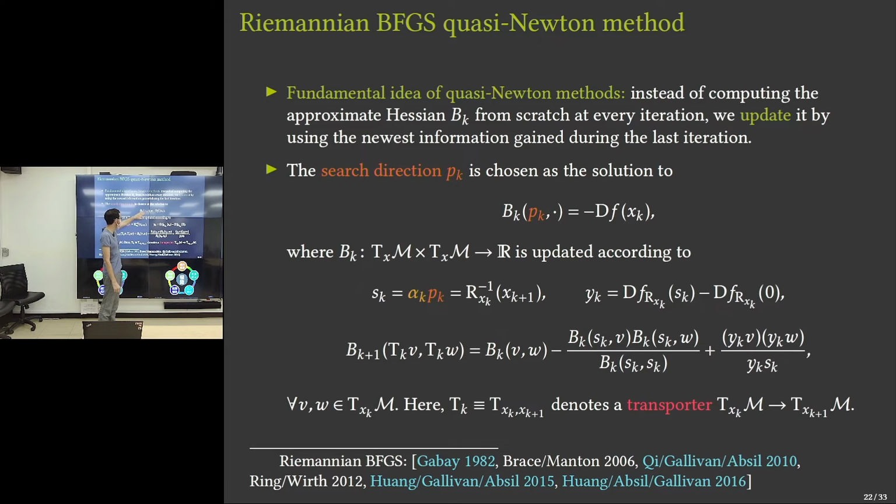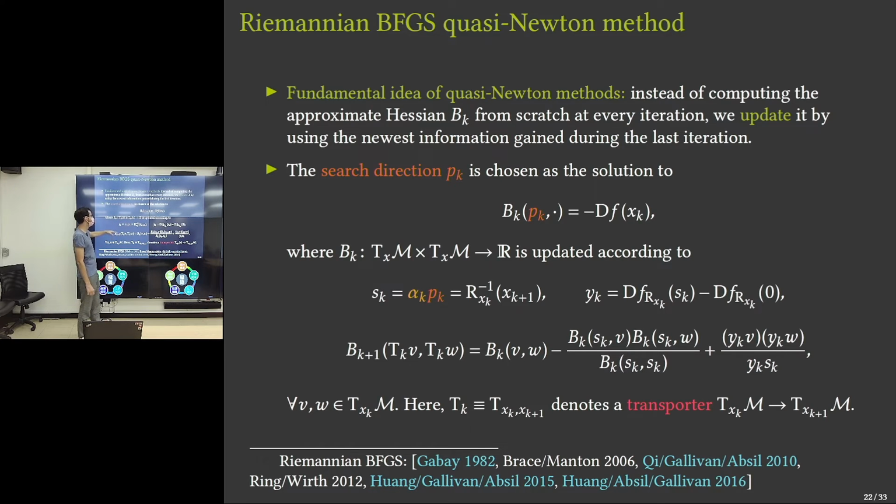The notation is the same as before, PK, but it's not the anti-gradient. It's the direction of the BFGS method. And BK is a symmetric bilinear operator, well, matrix. So it will be symmetric and positive definite. And it is updated according to this formula.